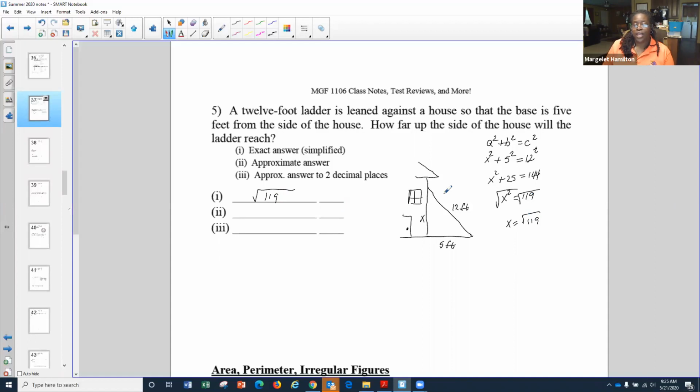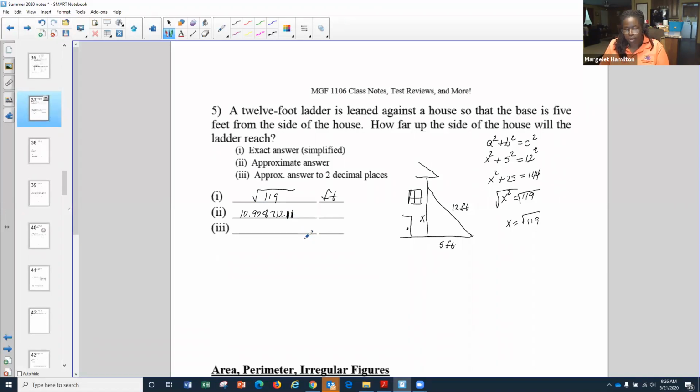But now watch it. Now they gave us dimensions in this one, so we need to put those feet. All right. So now we need the approximate answer. Putting that in our calculator, we come out with our decimal starting with 10.908712211.